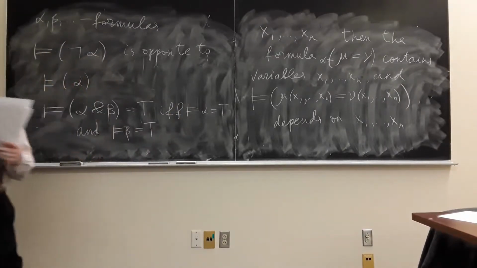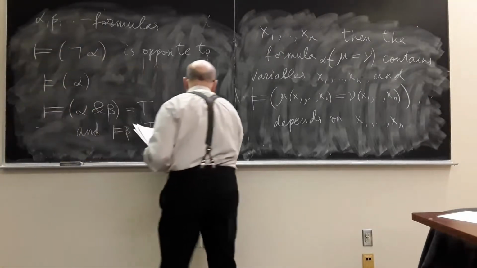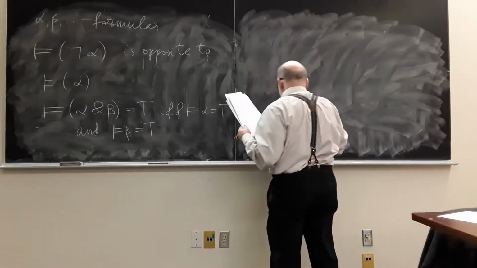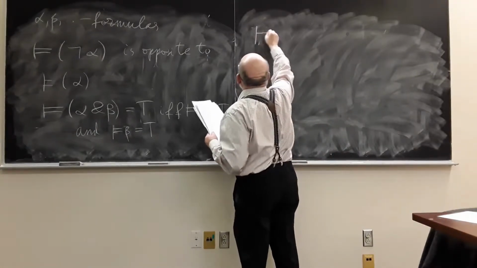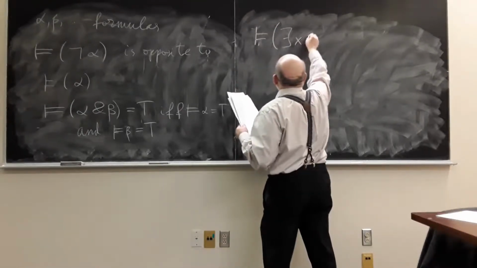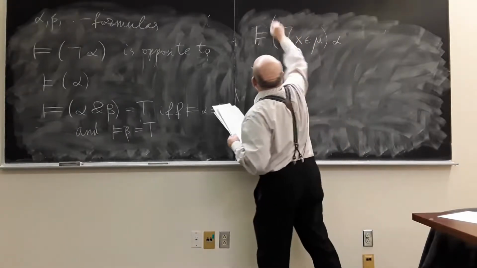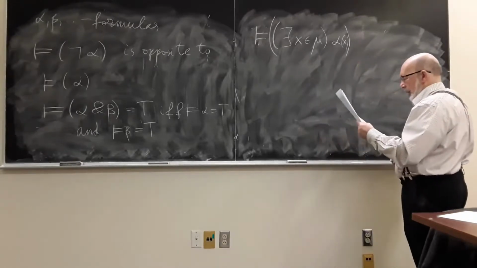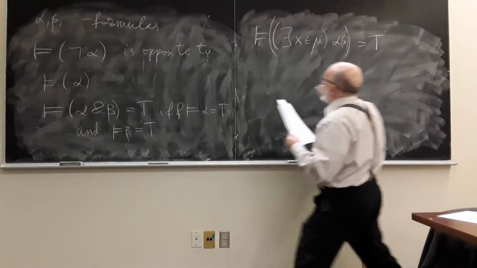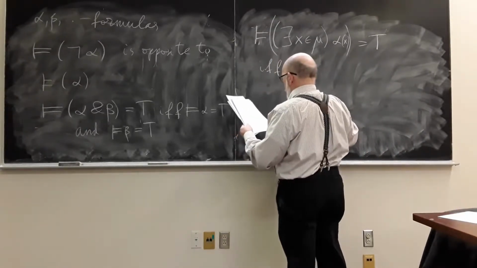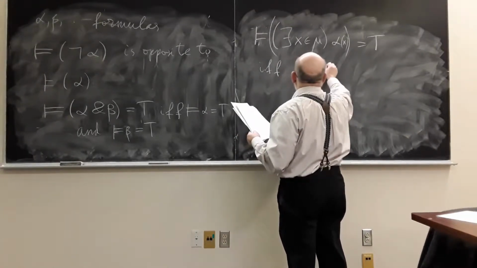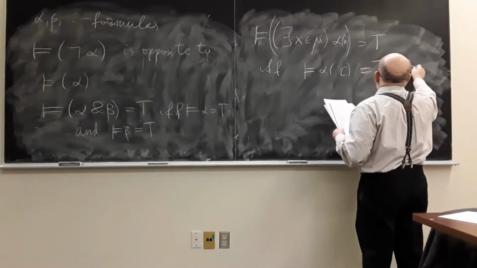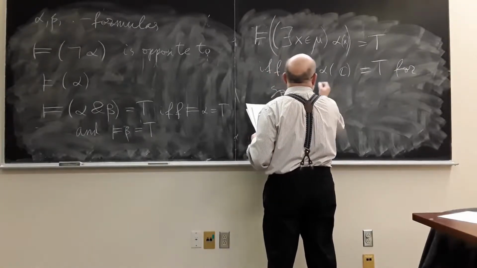And the truth value of "there exists x in some mu such that alpha" is true, alpha depending on x, if and only if alpha of some c equals t for some c.